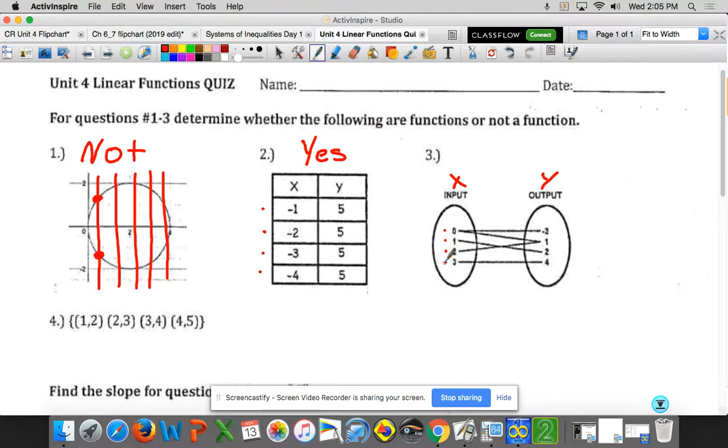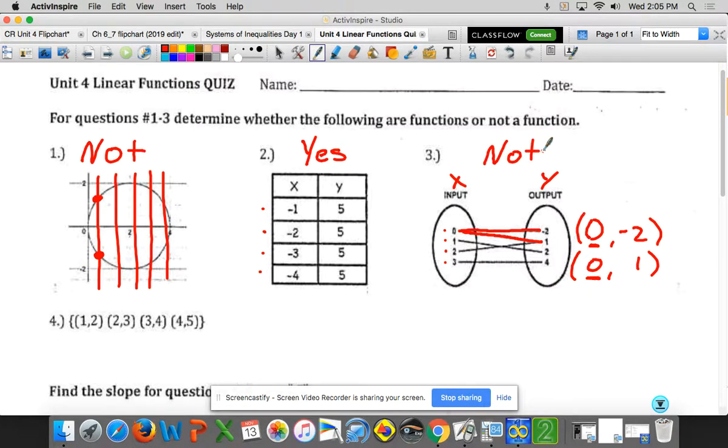The dead giveaway for this one not being a function is that 0 is going to -2, and it's also going to 1. If we were to write these as ordered pairs, we would have (0, -2) and (0, 1). And since the x values do repeat, this would not be a function.